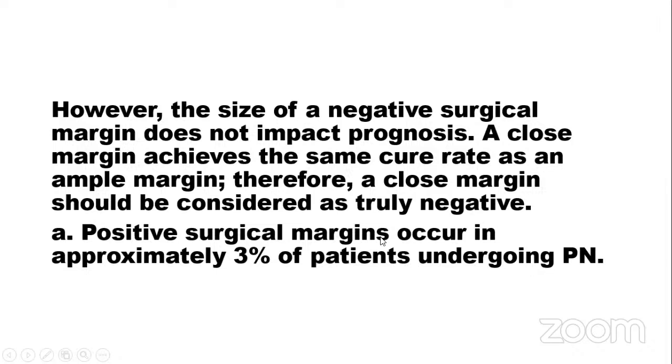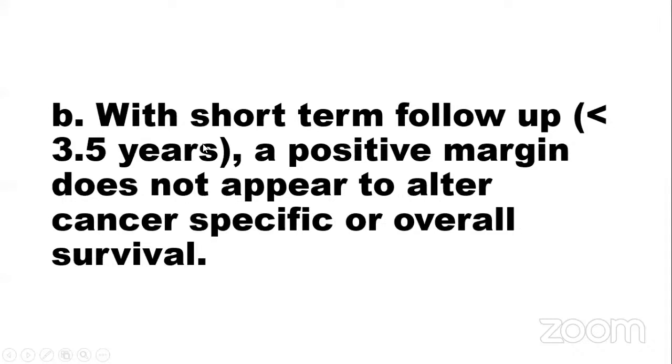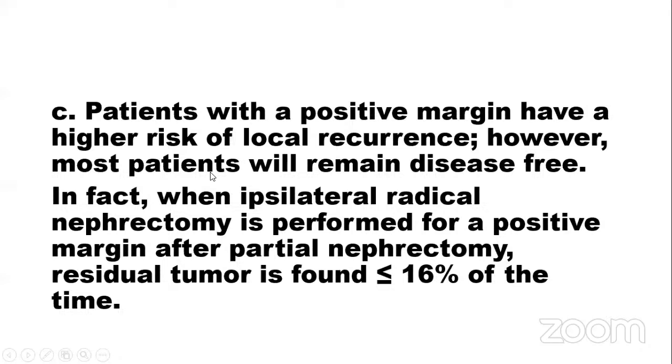Positive surgical margin occurs in approximately 3% of patients undergoing partial nephrectomy. With short-term follow-up, less than 3.5 years, a positive margin does not appear to alter cancer-specific or overall survival. Patients with positive margin have higher risk of local recurrence. However, most patients will remain disease-free.